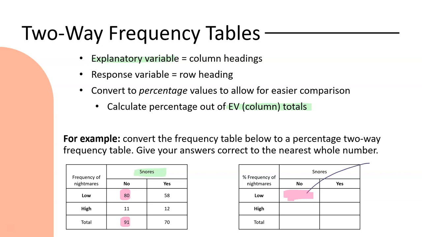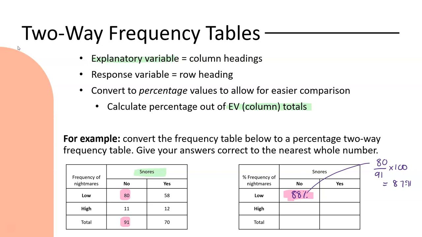So we calculate 80 divided by 91 times 100. Giving our answer correct to the nearest whole number, as we've been asked to, we get 87.91, so we would say 88%.